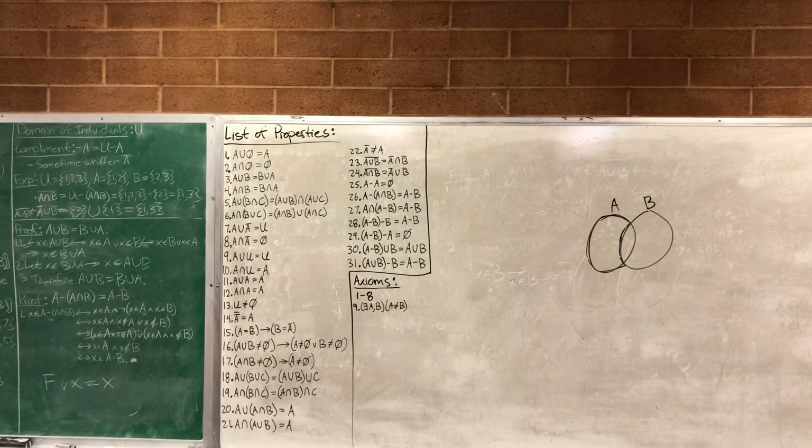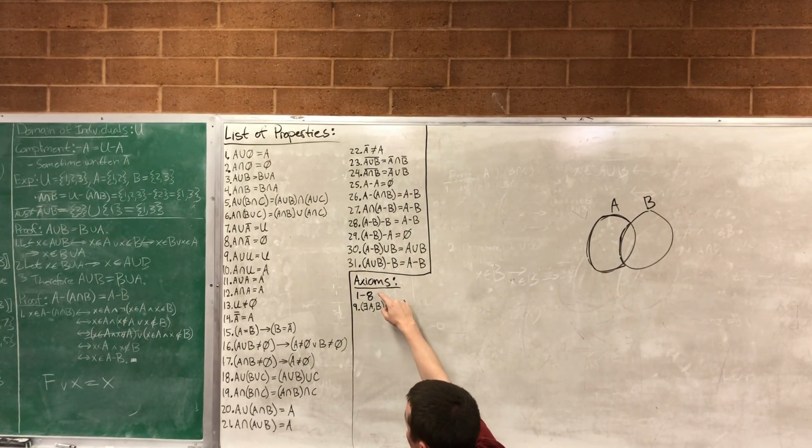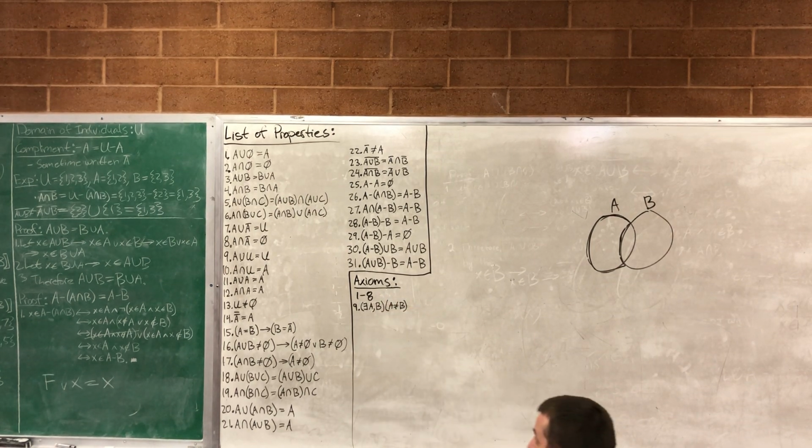And then the author makes note, but it's not at all obvious to me, that to get axioms for set theory, he said you could use the first 8 properties we have listed there as axioms and then include this as an axiom.